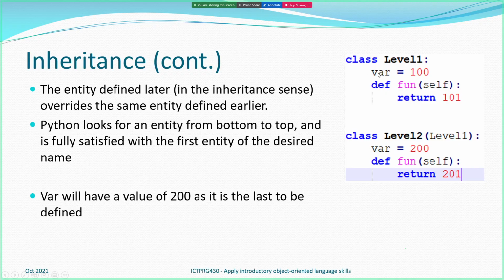Okay, so here we're saying var equals 100 and here var equals 200. Just like in a normal variable situation, if you have it listed in line 12 and then you redefine it in line 20, line 20 is the latest definition and holds the latest value. The same occurs when we inherit properties from classes and we have the same variables, they will overwrite.